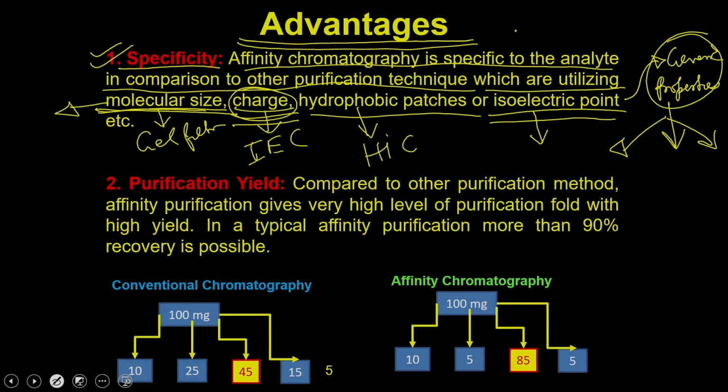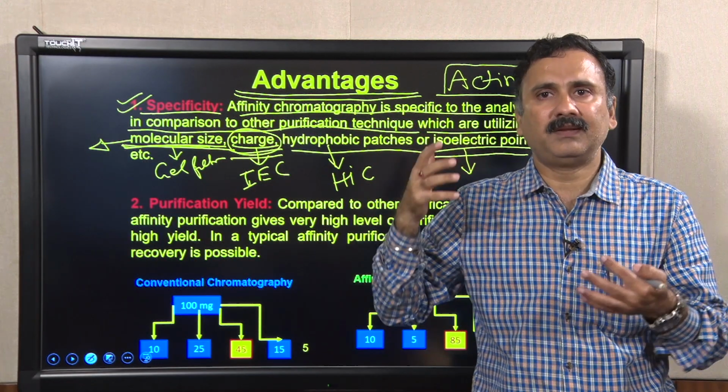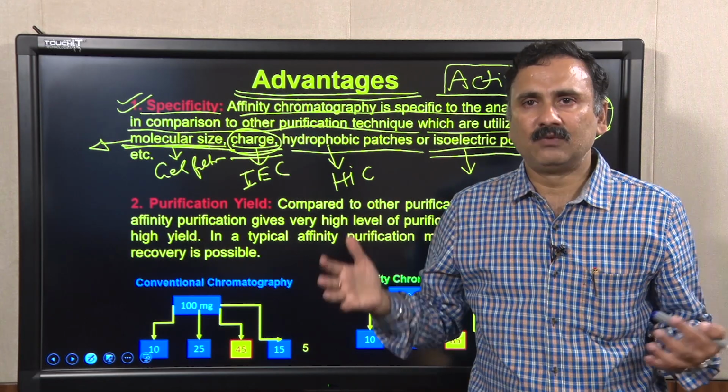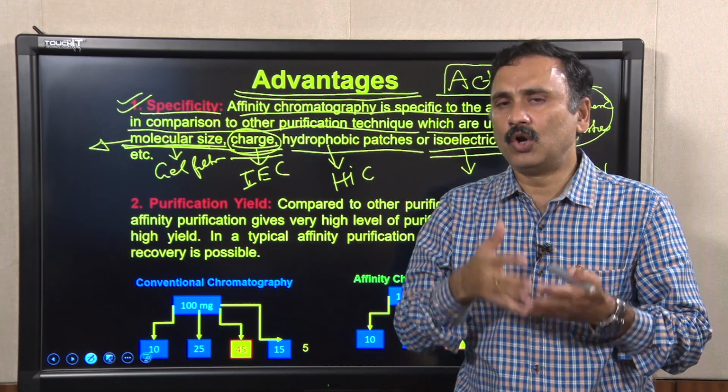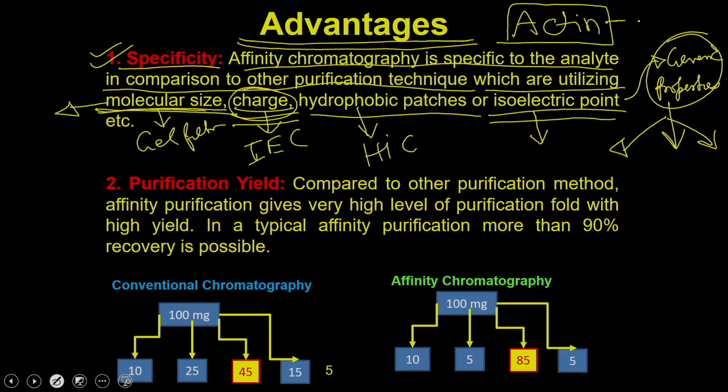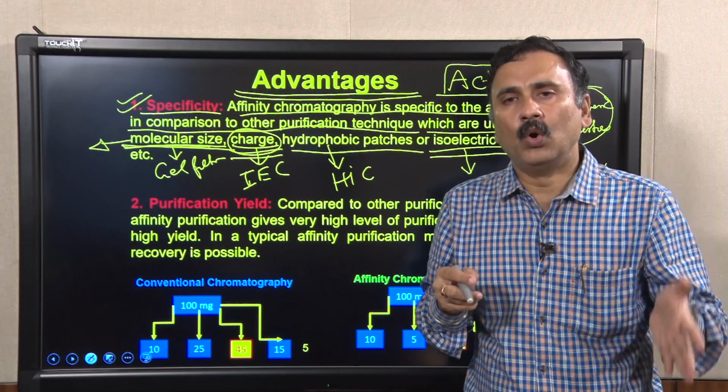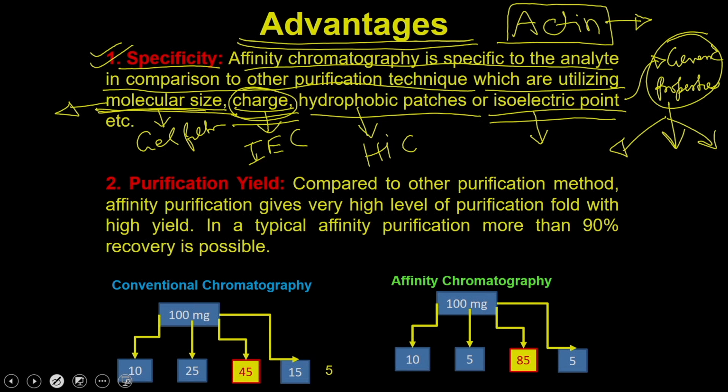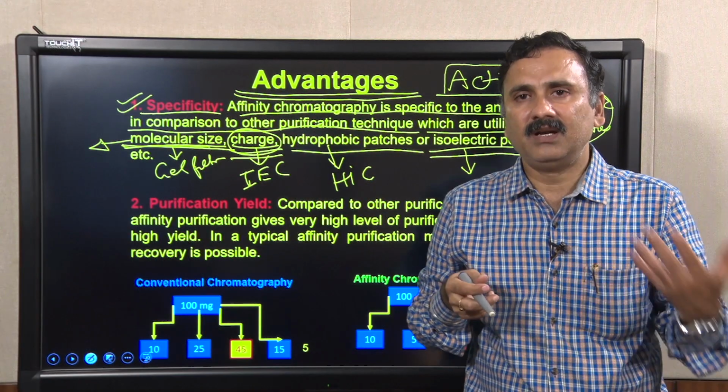For example, if I have to purify actin from a crude mixture, even if I know the molecular properties of actin, what charge is present, what the size of actin is, and whether hydrophobic patches are present or not, I cannot purify actin from the crude extract in one go. You might have to utilize multiple of these techniques to get purified actin.